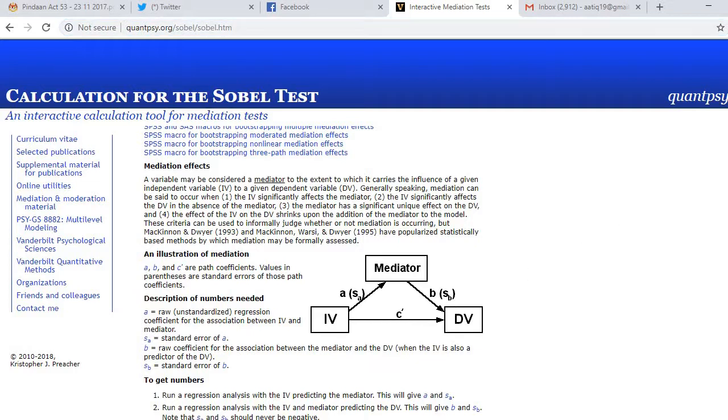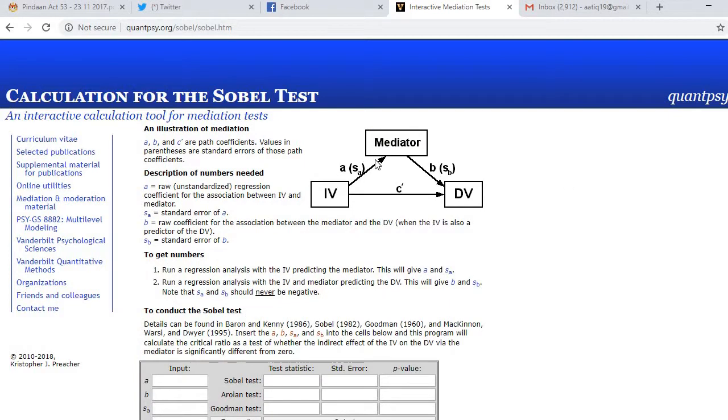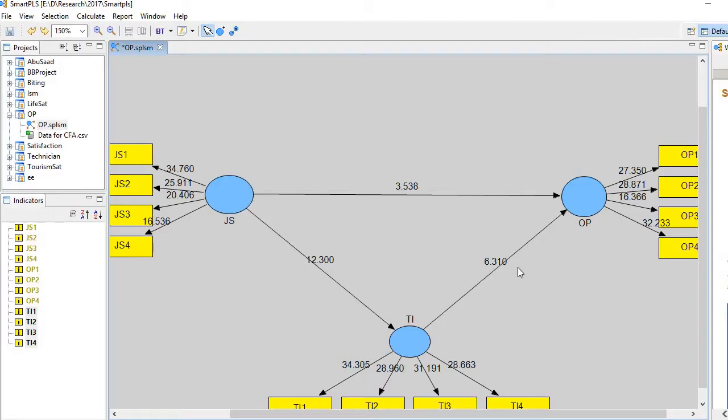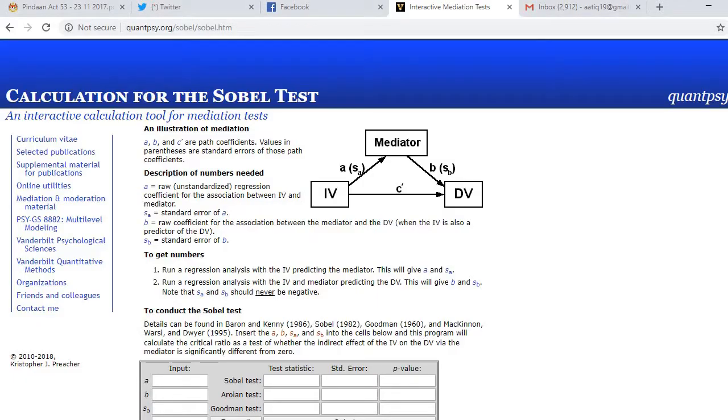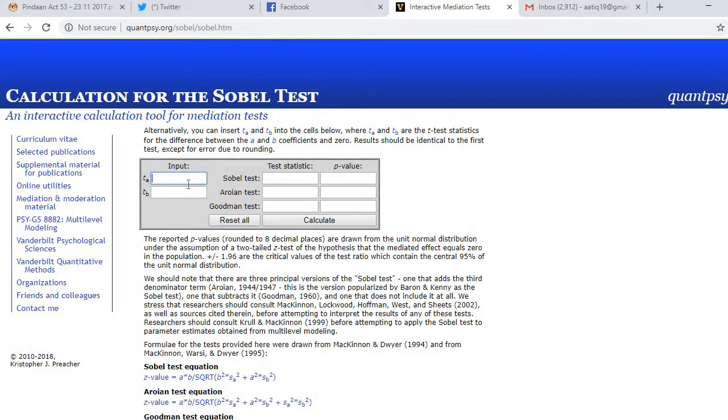So we have two choices. Either we use these four values, or we simply use the t statistics, the t value of this one and the t value of this one. Since the t values are already available with us, 12.3 and 6.310, let's use the second table, this one here.